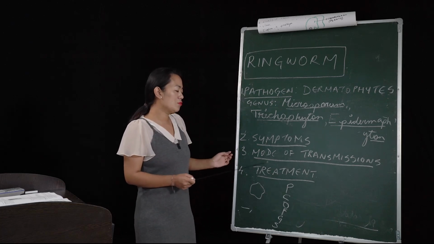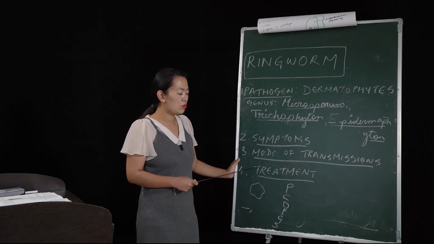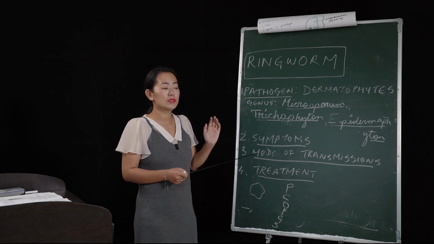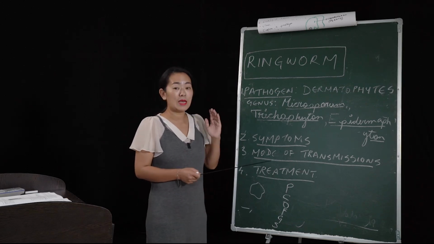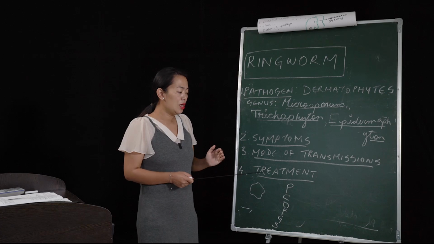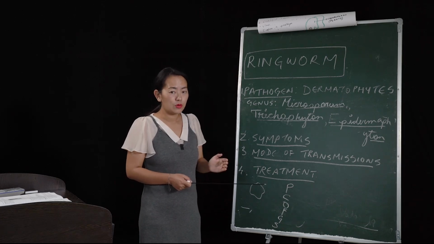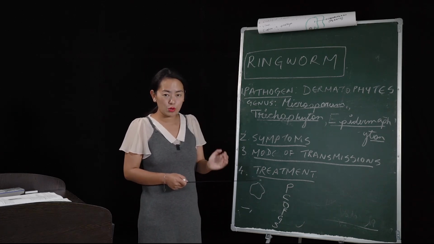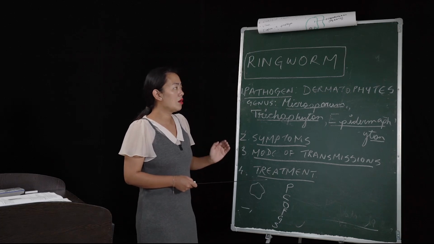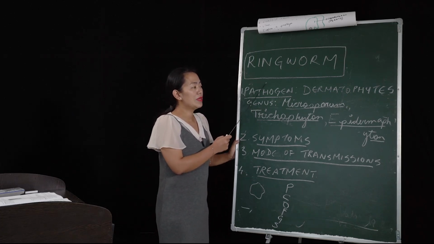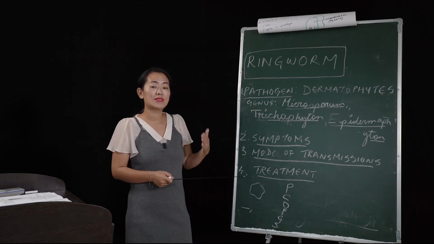So that's the reason why we come to the treatment, in which they say that you must maintain proper personal hygiene, where you must take care of your health, where you must not share your clothes, share your towels, because this ringworm spreads through sharing of products and clothes.